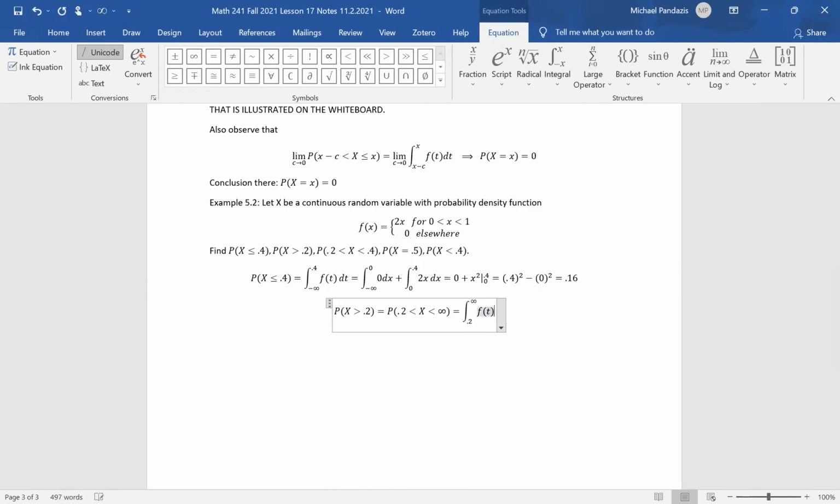Of f of t dt. But because this PDF is 0 everywhere outside of 0 to 1, we should break apart this integral: the integral from 0.2 to 1, plus the integral from 1 to infinity of that PDF.